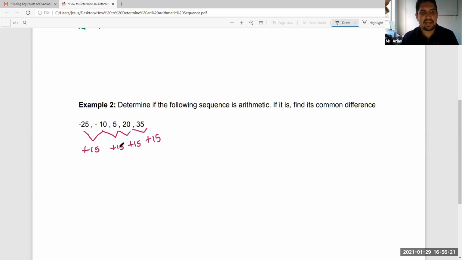So basically what's happening is I'm adding 15 to each term, and that produces the next term in my sequence. So that being said, my common difference is 15, which is positive. Okay, and we do have another arithmetic sequence for sure.